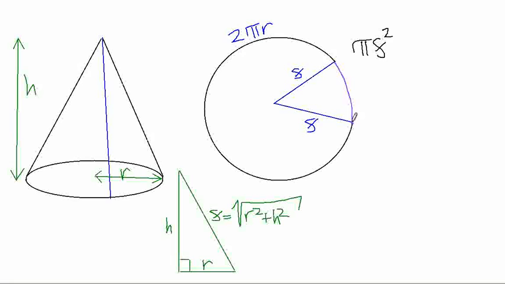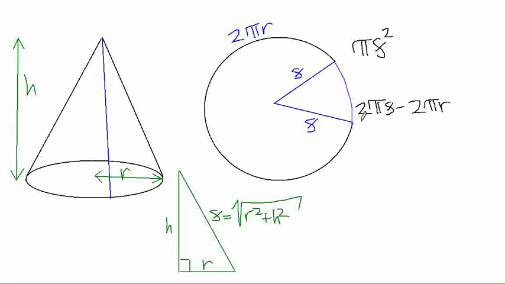All right, so what is the fraction of the entire circumference that purple arc contains? Well, the length of that arc is the circumference of the circle with a radius s minus the length of the black part, which is 2 pi r. Okay?